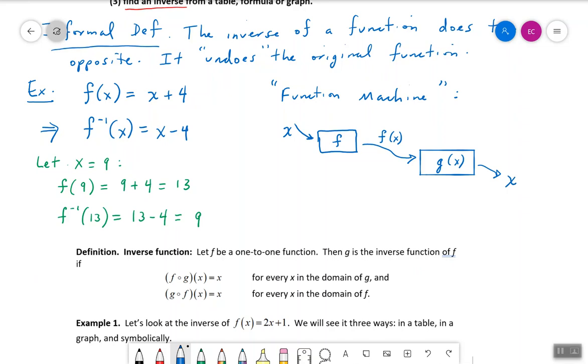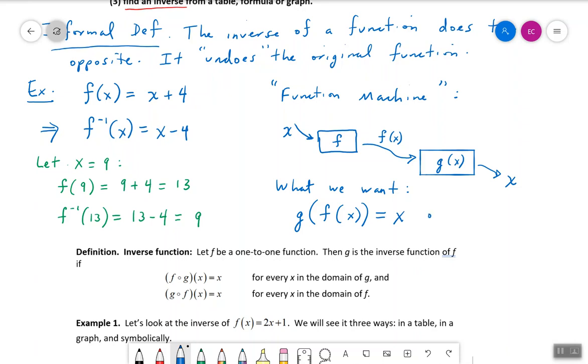So what's the notation? What we want is for g of f of x, right? That's the output from f going into the g function, to take us right back where we began, right back to x.